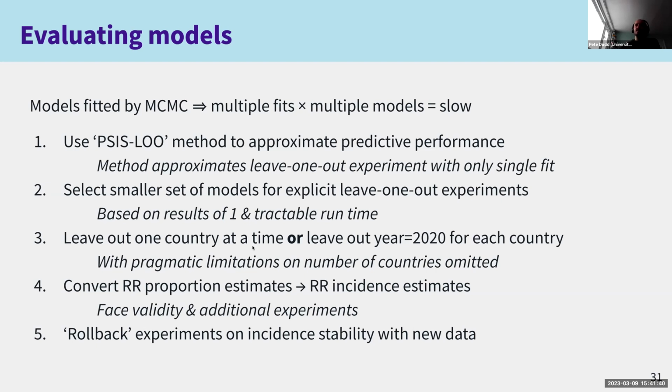And we did that either leaving out a country at a time or leaving out the most recent country year. Then we did some additional experiments which turned out to be important.